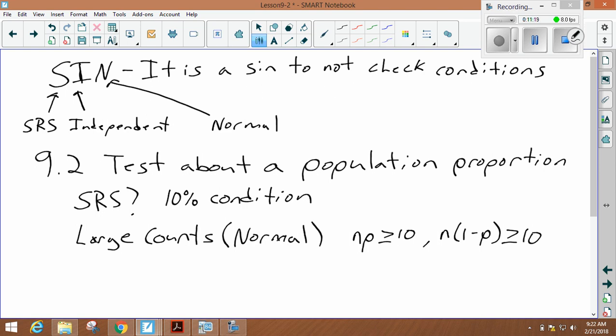That's the one we do to check if the population is large enough to use a normal distribution for a proportion, right?